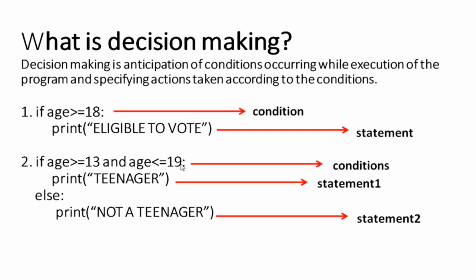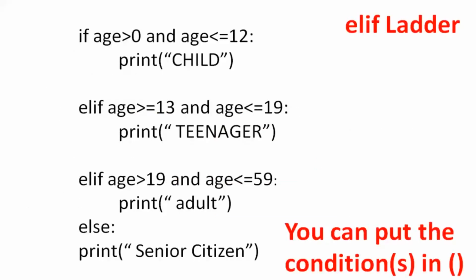If it is so, don't forget to put a colon here after the condition. Then you will print Teenager. And if the condition is false, if the age is something else apart from the range 13 to 19, then it is going to print Not a teenager.